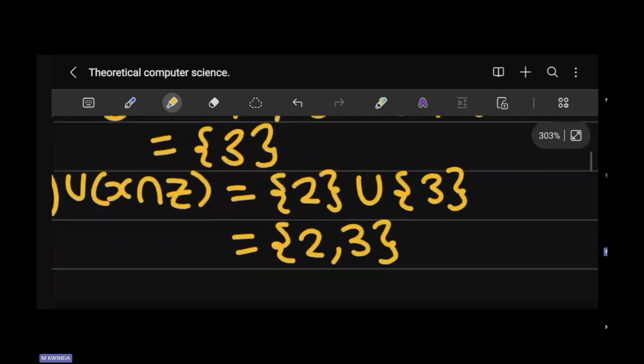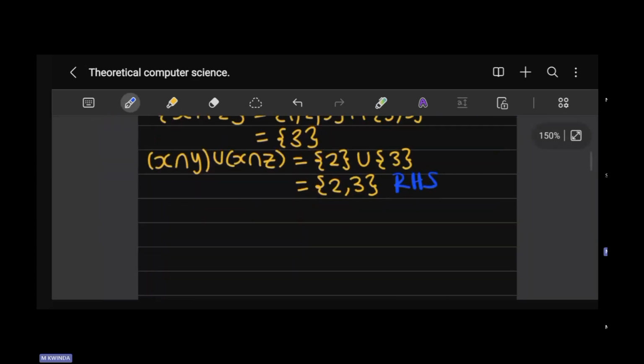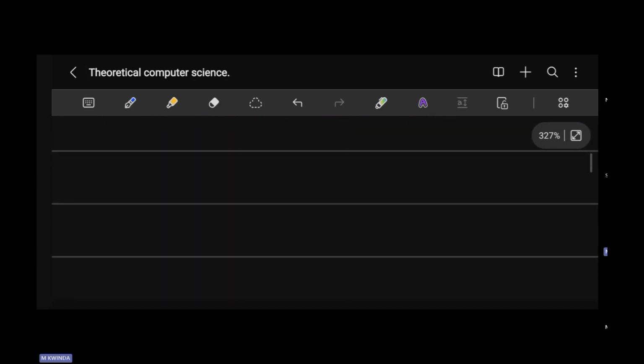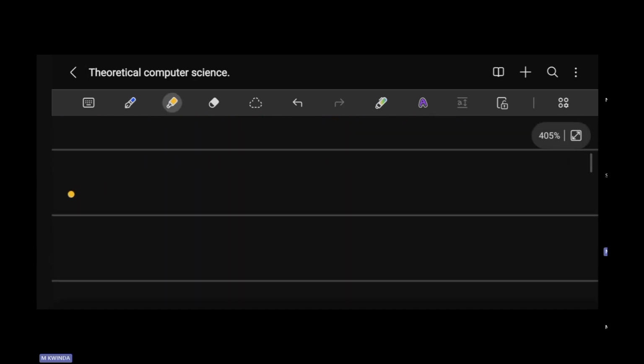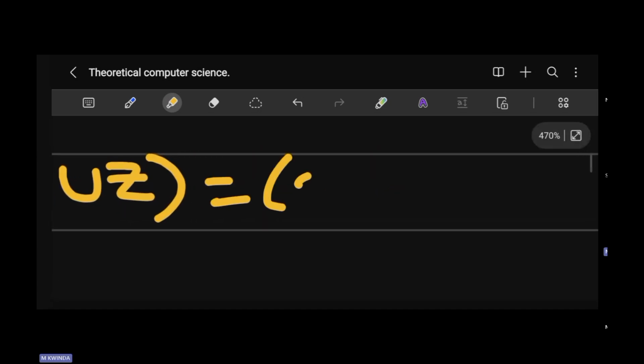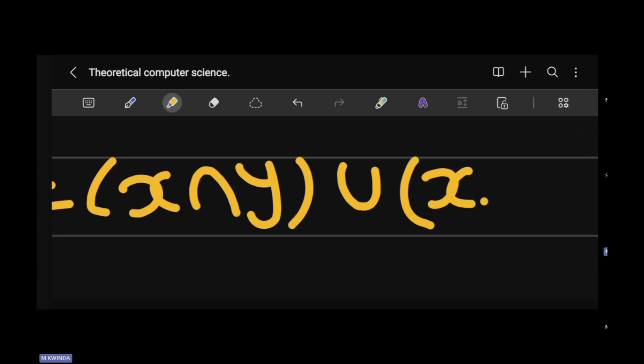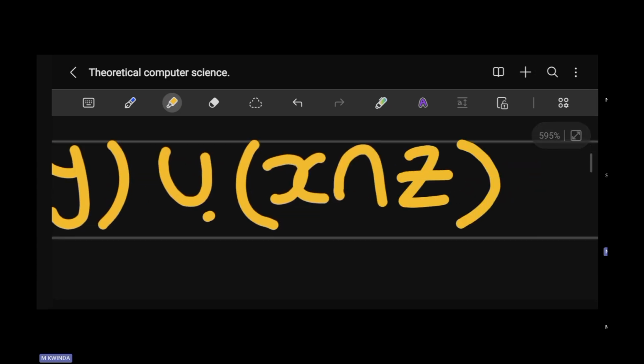So let's check if my right hand side is equal to my left hand side. So my left hand side was 2 and 3, and my right hand side is also 2 and 3. And so therefore, x and y or z is equal to x and y or x and z.